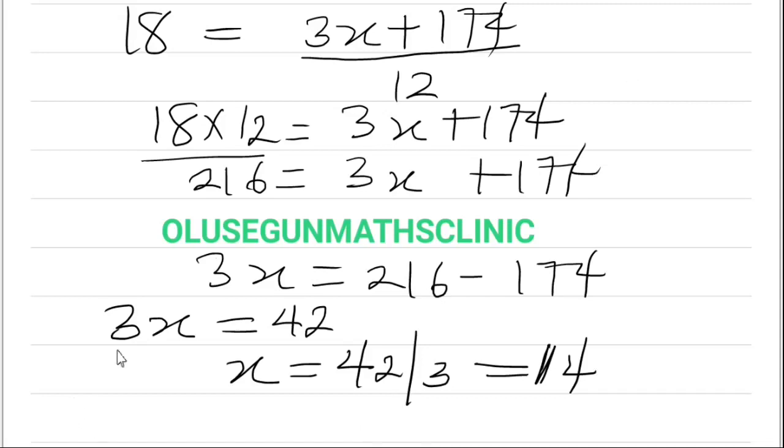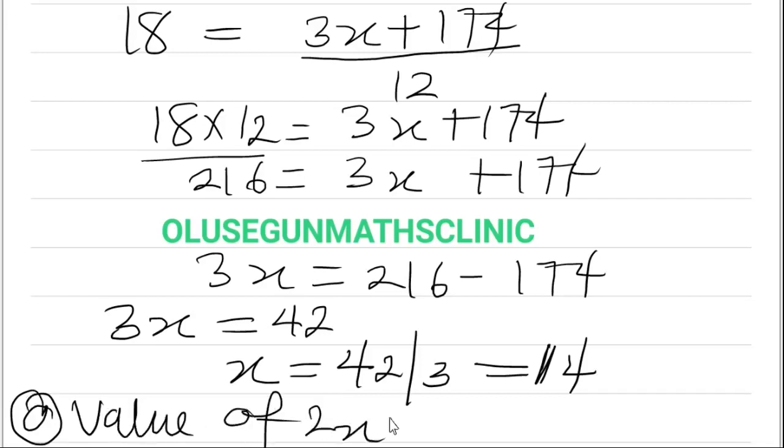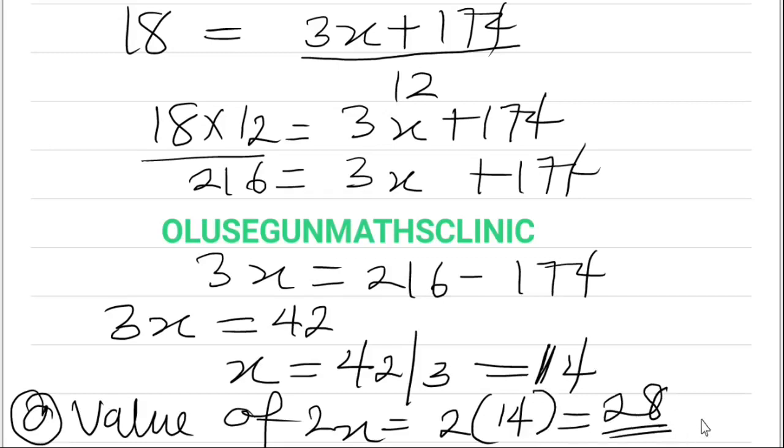The value of 2x is 2 times 14, which is equal to 28. So the value of 2x is equal to 28.